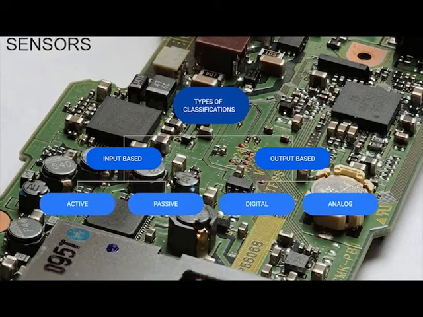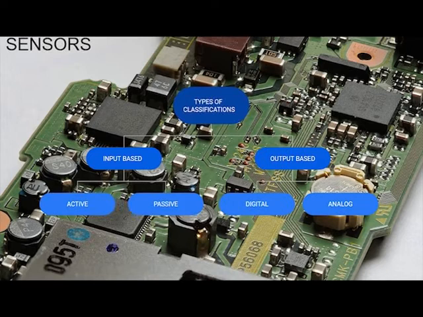A sensor is a device or a module, machine or subsystem whose purpose is to detect events or changes in the environment and send the information to the electronics, frequently a computer or a microprocessor. Here the detection of an event can be understood by the change in physical parameter.